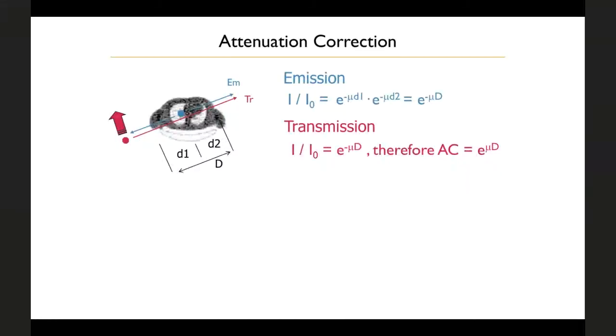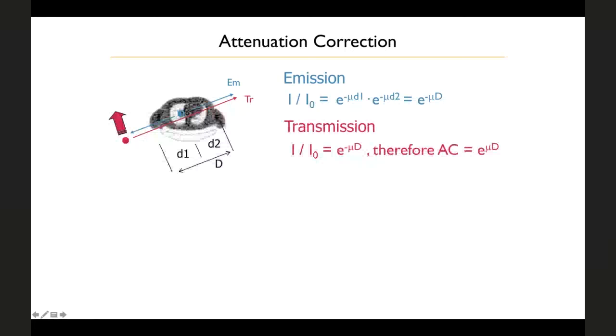So if we look at this diagram here, we're looking at, say, the chest of a patient, and we have events which are generated in the patient, and the oppositely directed photons reach our detector. The flux that we're going to measure at the detector is going to be reduced by attenuation.